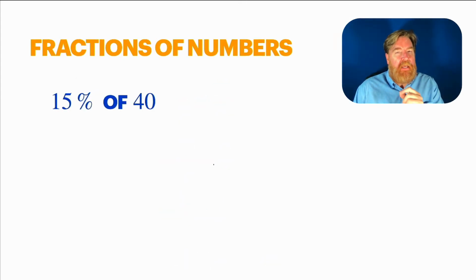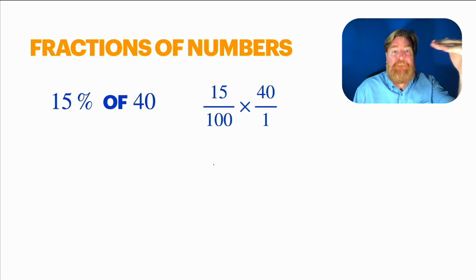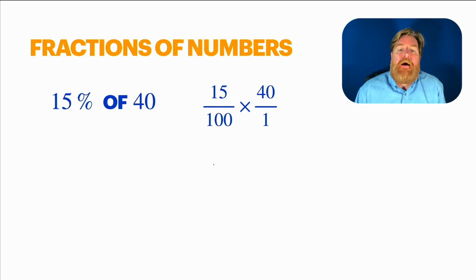This kind of application, the fraction part, the fraction of, is often given as a percent. Okay, so we need to be able to handle that as well. So 15% of 40, we understand what that means. It's 15 hundredths times 40 over 1. And you know what I'm going to do? I'm going to take advantage of the commutative property again.